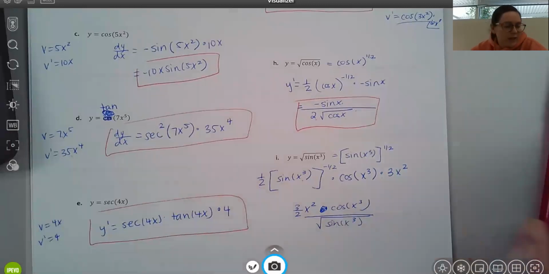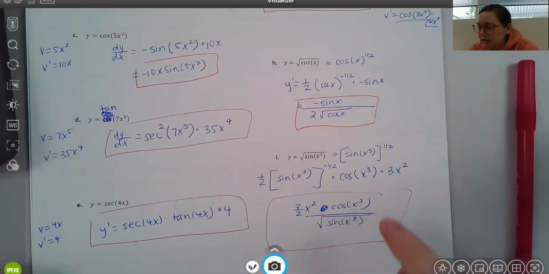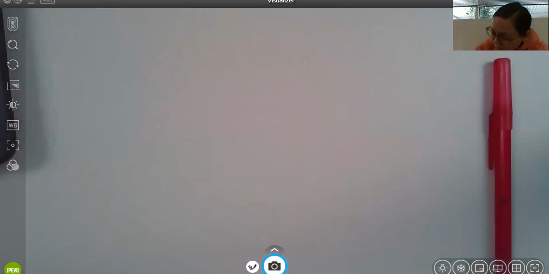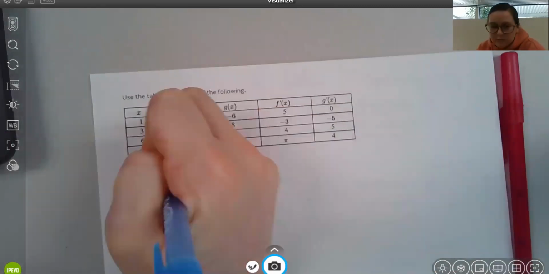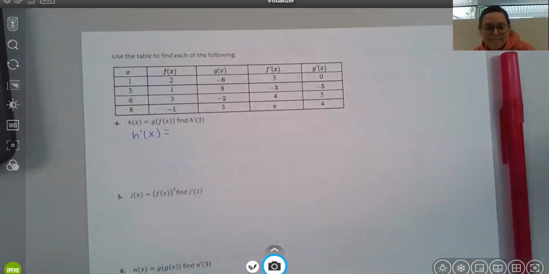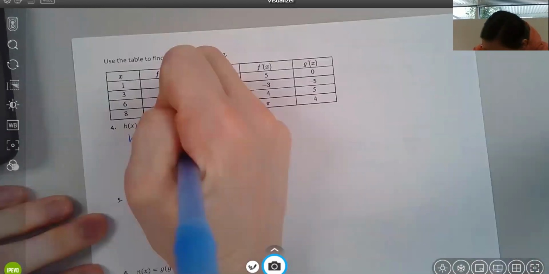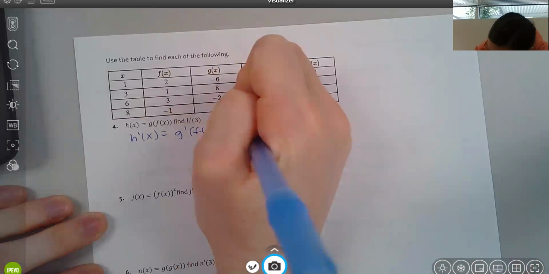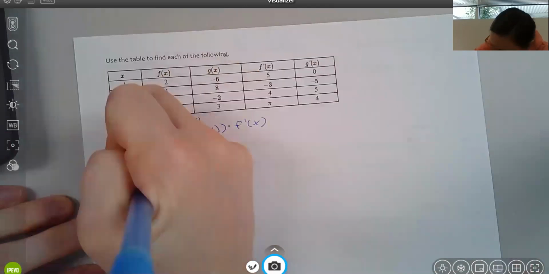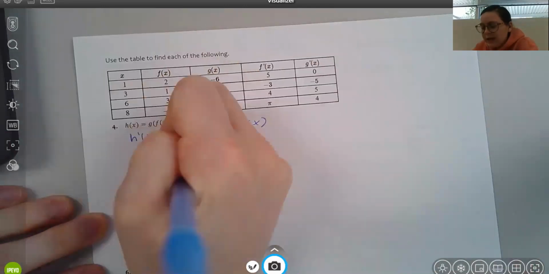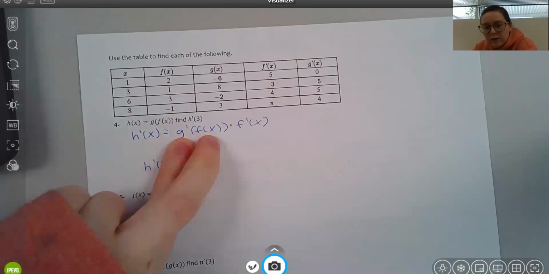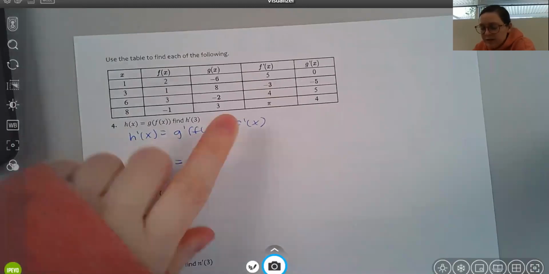Like I said, we'll do more practice of the 3 chains later on, because I definitely want us to do number 4. So everyone is writing out your derivative in terms of x. Derivative of the outside, g prime, leave the inside alone of f, times derivative of the inside, f prime.